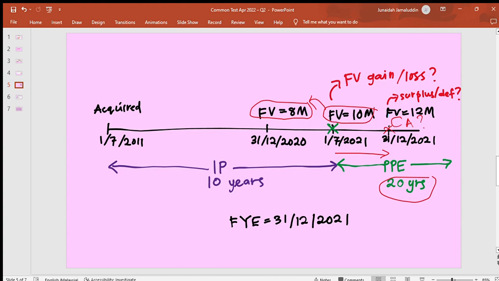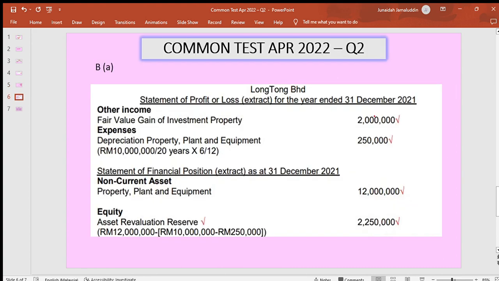Right? So how do we calculate carrying amount? As usual, we take the previous fair value, 10 million, minus accumulated depreciation. Accumulated depreciation here is only for 6 months. Just now we already calculated the depreciation for 6 months, which is 250,000.